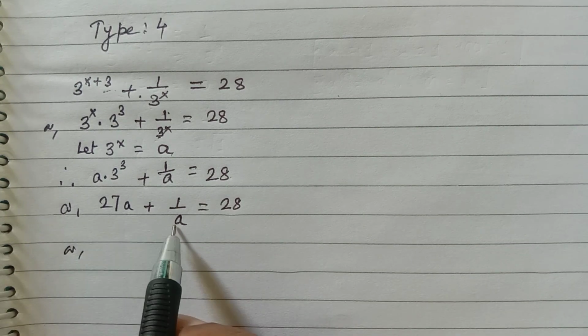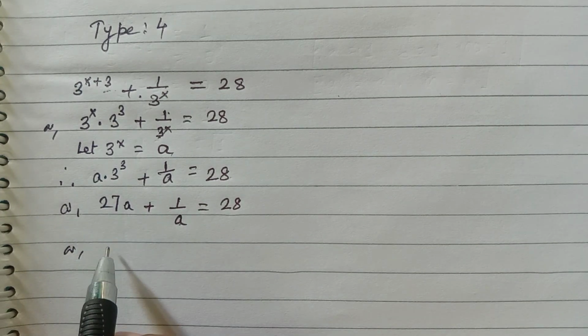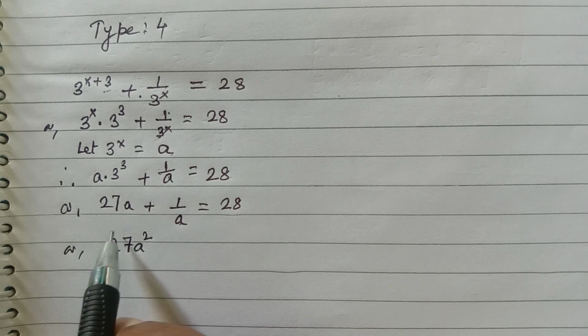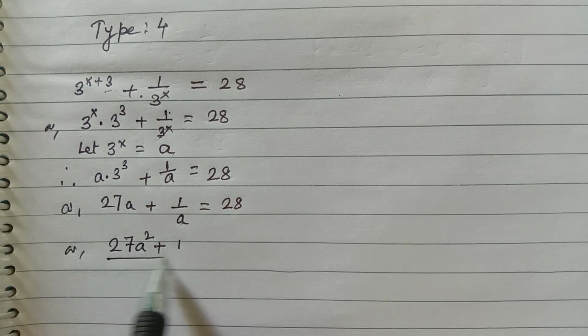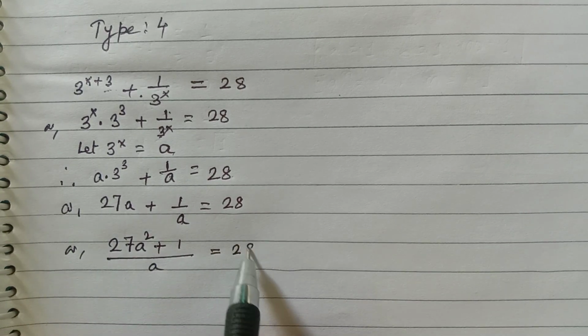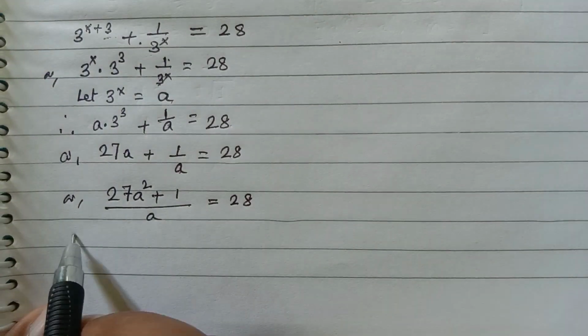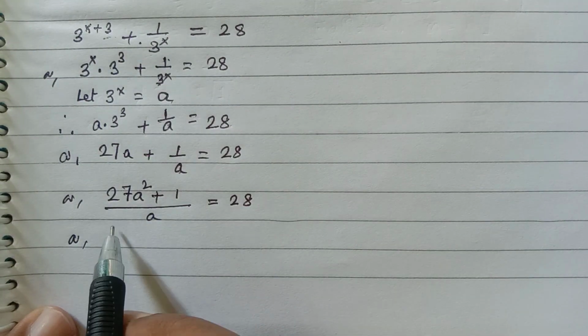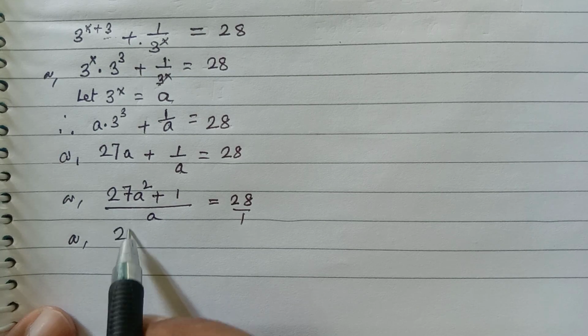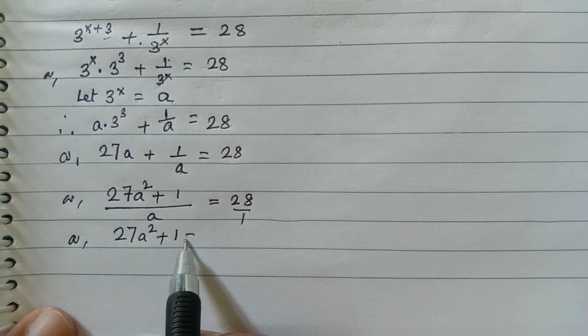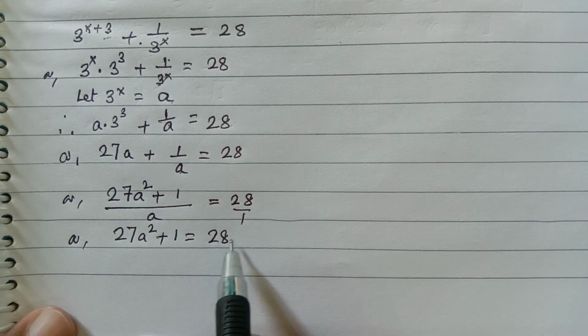Now let's simplify this term: 27a squared plus 1, whole upon a, is equal to 28. By cross multiplying, I get 27a squared plus 1 is equal to 28a.